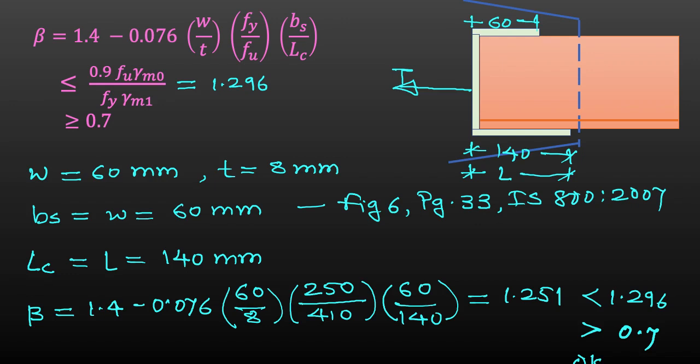So now we have all the values. What do we have? We have the net area of the connected leg and the gross area of the outstanding leg.